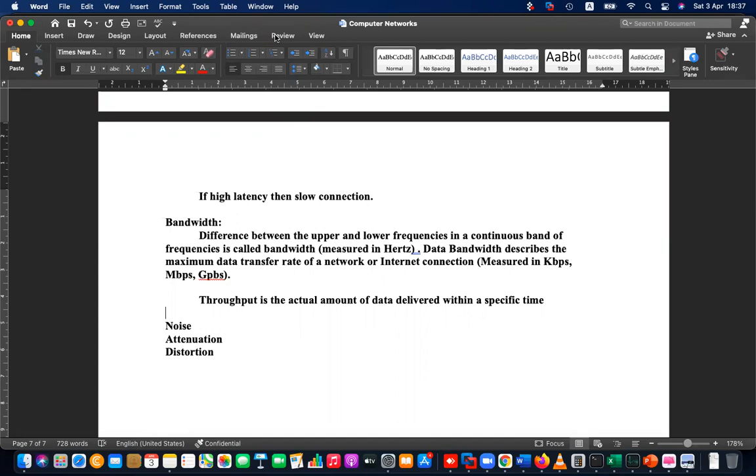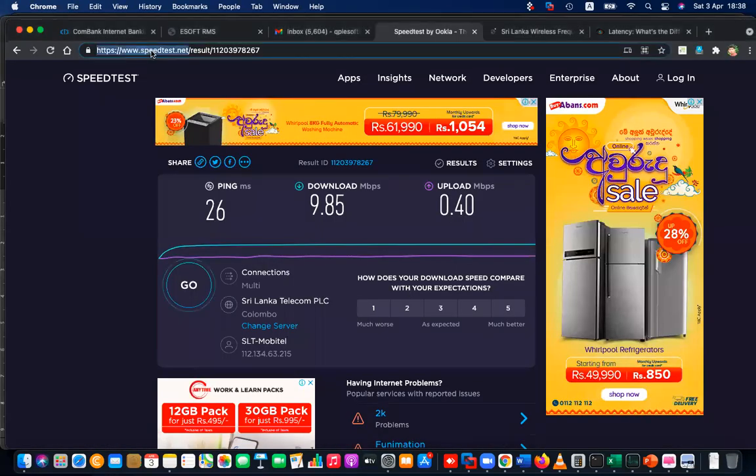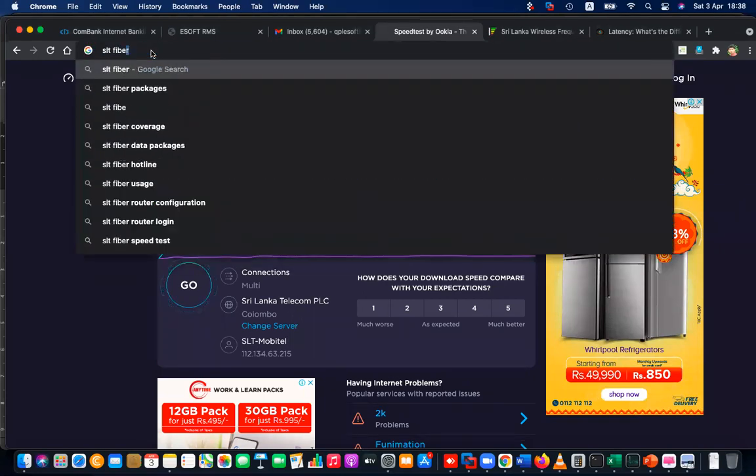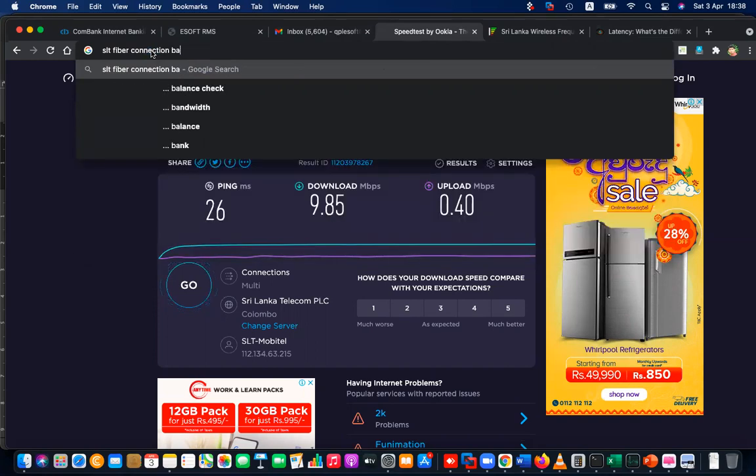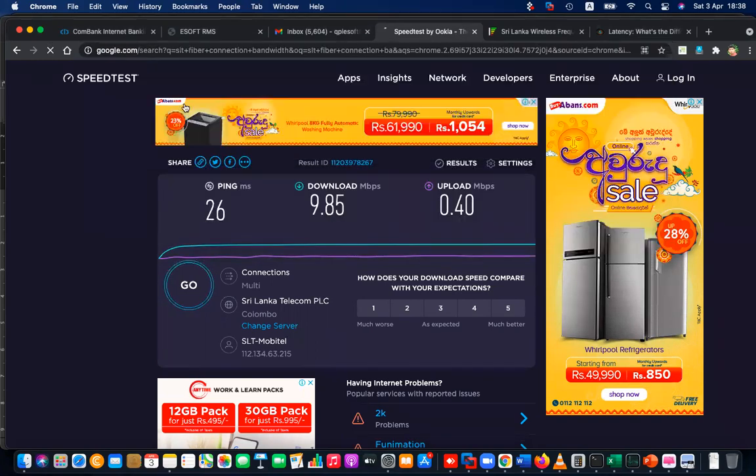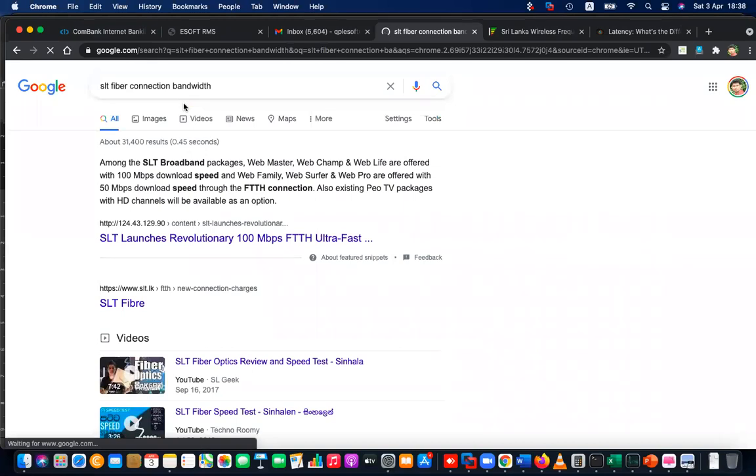They will tell you sometimes it's 100 Mbps. Okay, so let's say the SLT fiber connection bandwidth. They are telling 100 Mbps.